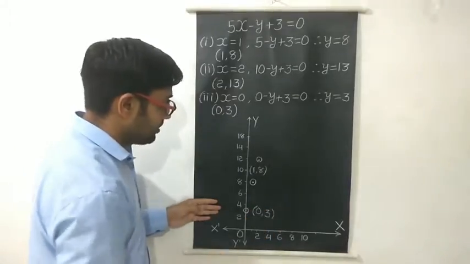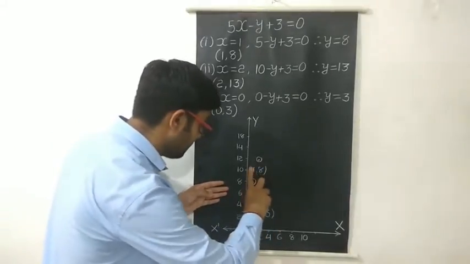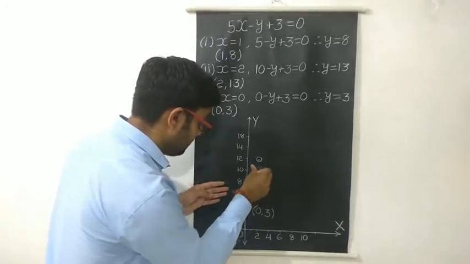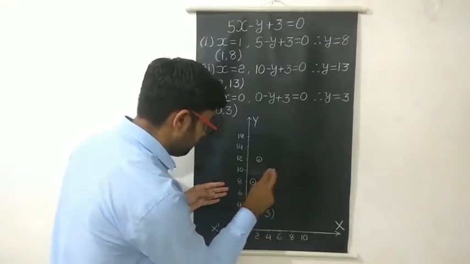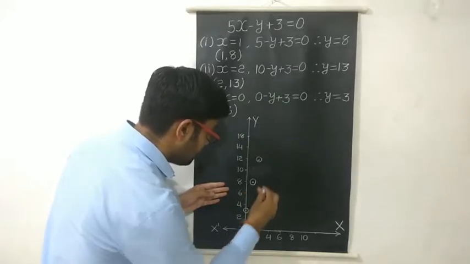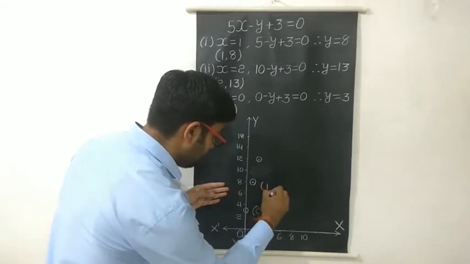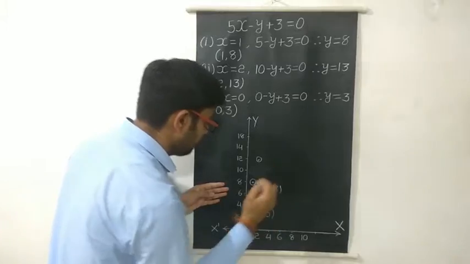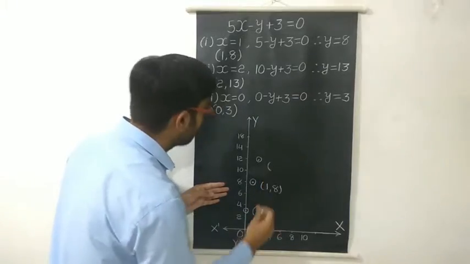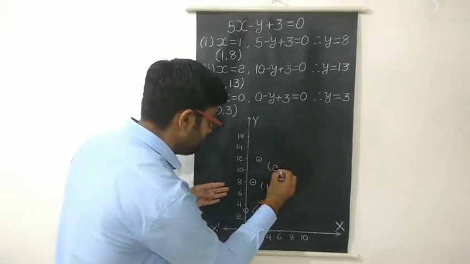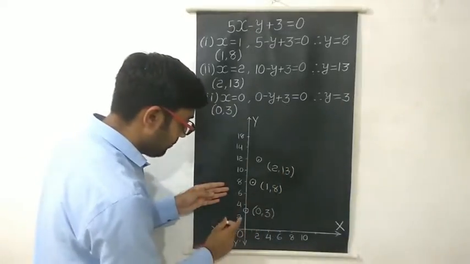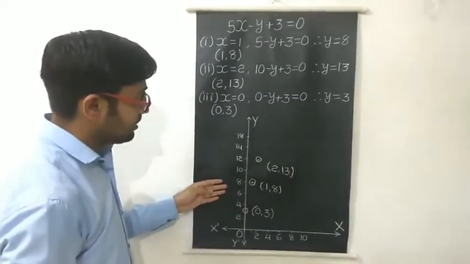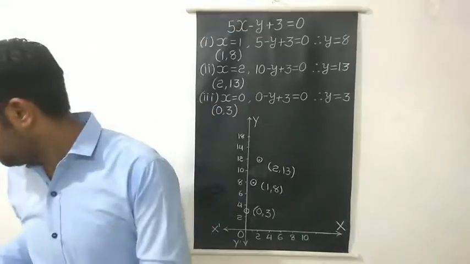So the 3 points we write down here. This is the point 1, 8. This is the point 2, 13. Right? And the third point is 0, 3. Now let us join all the 3 points.